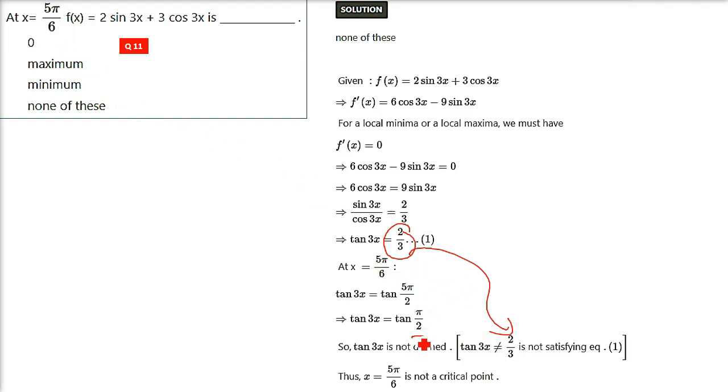And if you have no critical point, you are not going to get the value at all, because minimum and maximum only come at critical points. And the critical point already given in the question is not fulfilling the request of either minimum or maximum when we did all these steps which we have learned in our previous discussions. None of these is the answer.